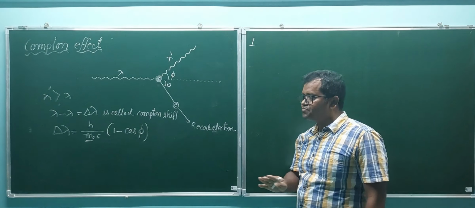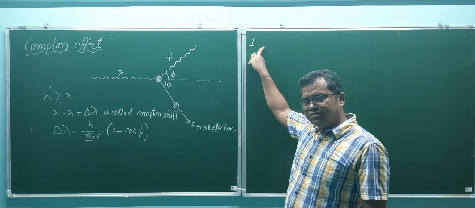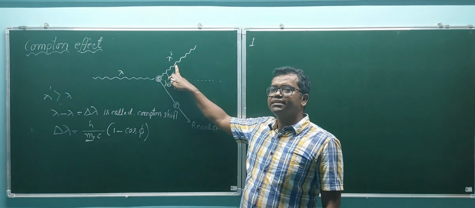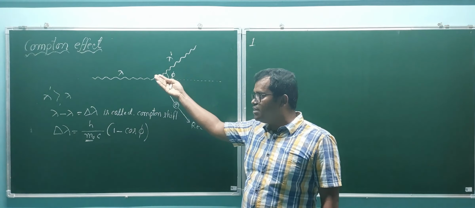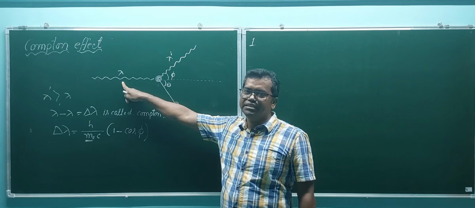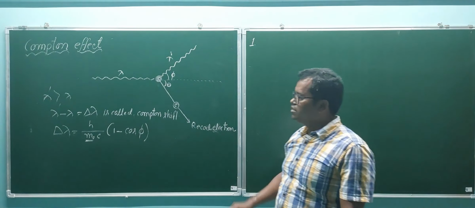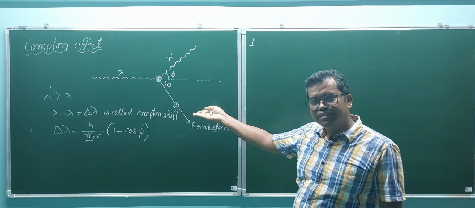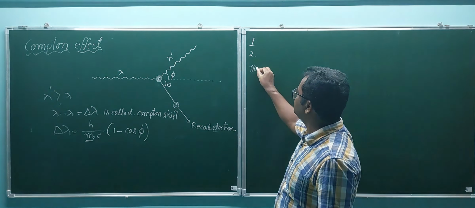Number one, according to classical mechanics, the wavelength of the scattered photon should be the same as that of the incident wavelength. That is, lambda dash and lambda should be same. But what you have observed here is that lambda dash is longer.